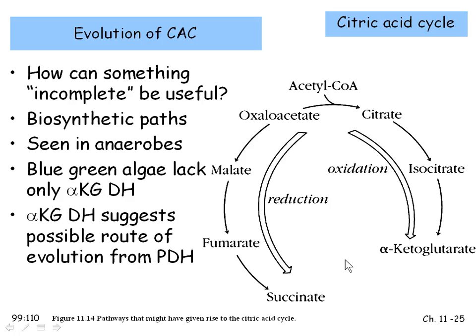And the missing hole here probably could be filled fairly easily by small changes in pyruvate dehydrogenase, which has many, many homologies to how alpha-ketoglutarate dehydrogenase works. Both of them are going to decarboxylate, both of them are going to make a CoA molecule, and so on.